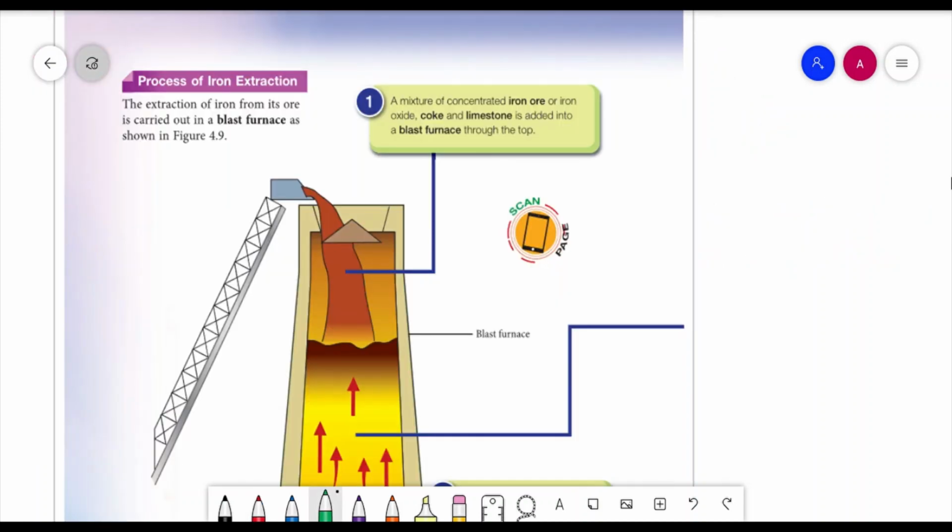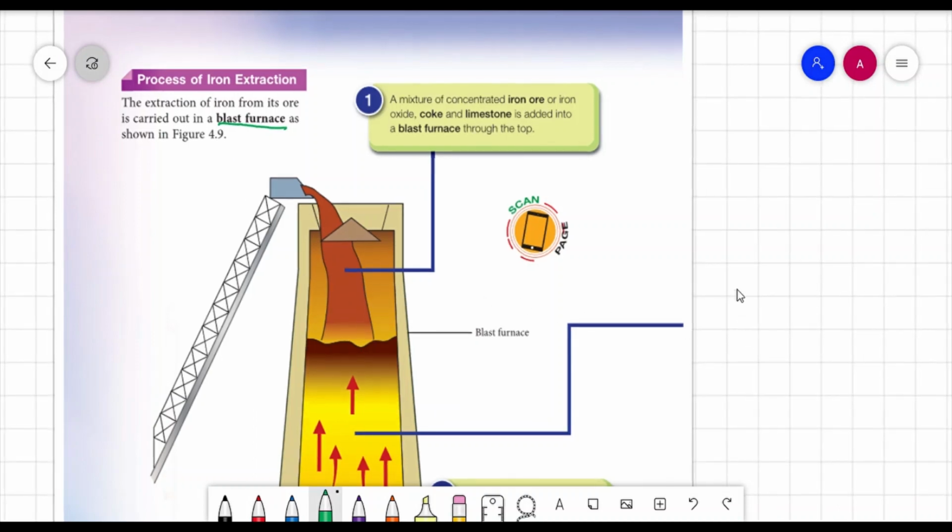Process of iron extraction. The extraction of iron from its ore is carried out in a blast furnace as shown in figure 4.9. Blast furnace is like a big oven. So blast furnace is in industry, so it's very big and very hot.